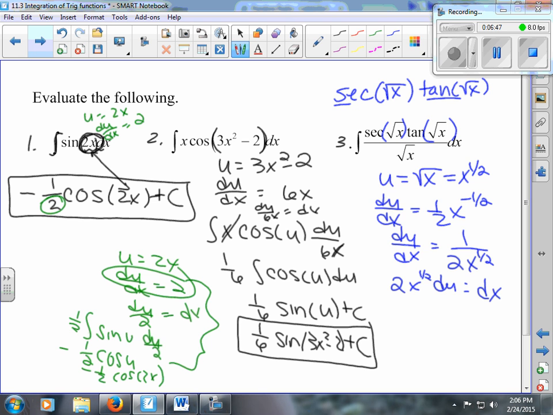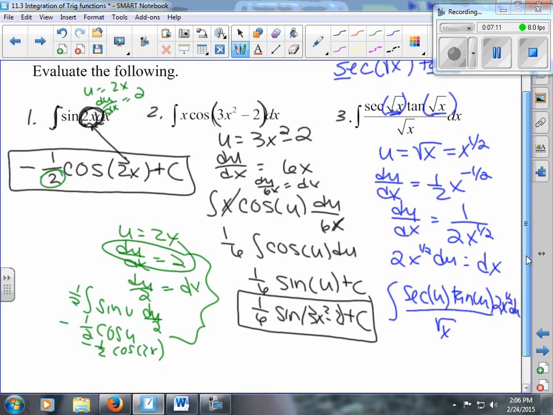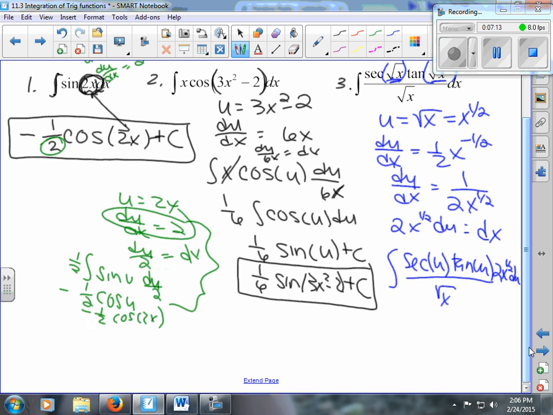And so when I rewrite my original integral, I have secant of u, tangent of u, because those were the guys I was meaning to replace, because that's an antiderivative I can do. The dx changes to 2x to the 1/2 du. And notice I'm still divided by square root of x, which I could have called u, but I'm going to keep it as square root of x because that's x to the 1/2, and now those cancel.